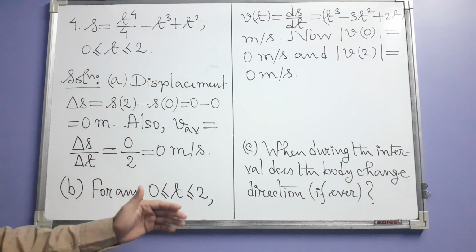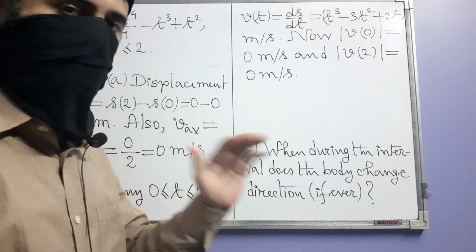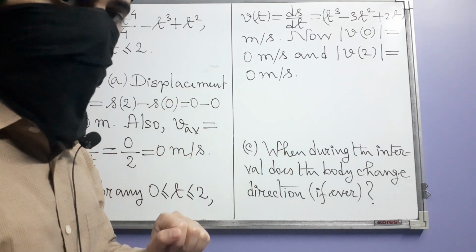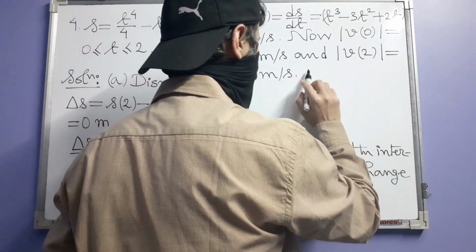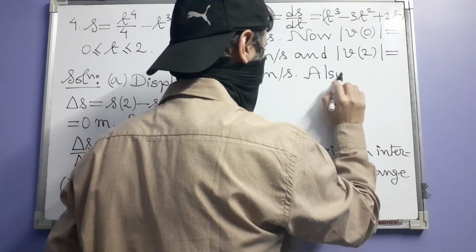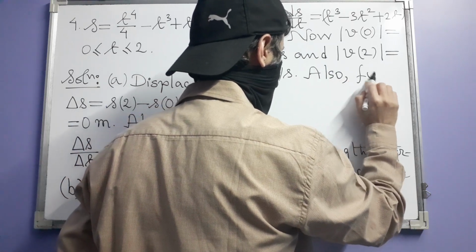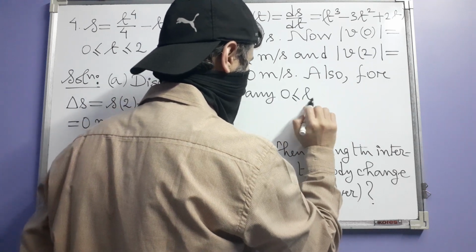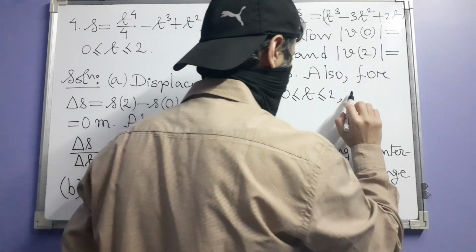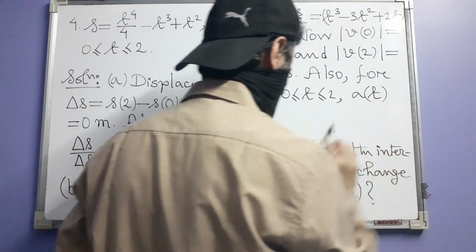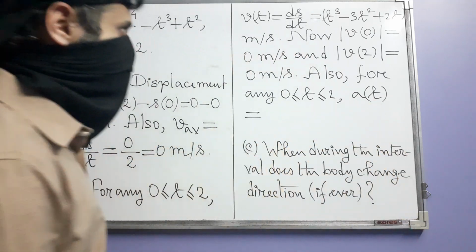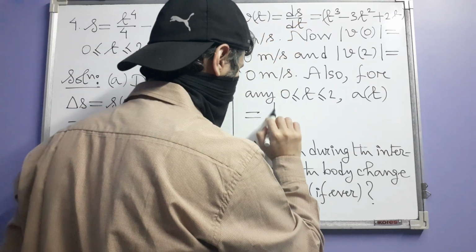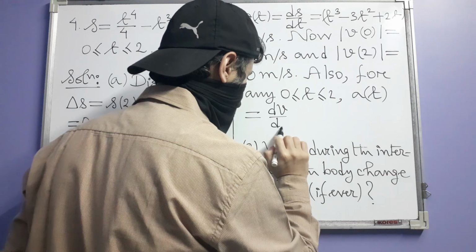Now next we also want acceleration at these two endpoints, so we need to know acceleration in general. For any such t, acceleration will be what? You have to differentiate the velocity function with respect to time.